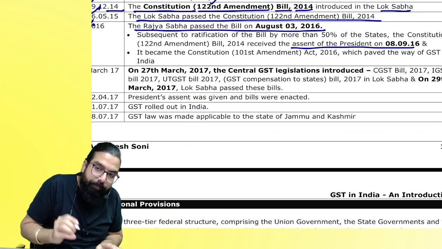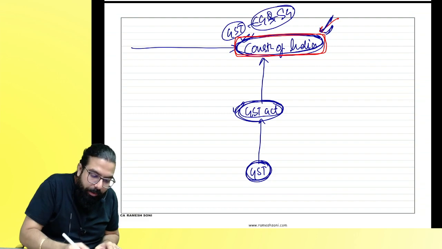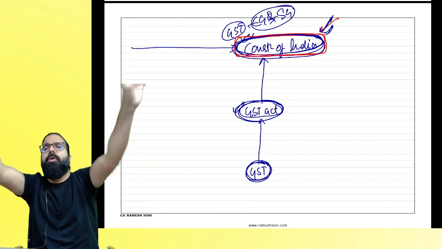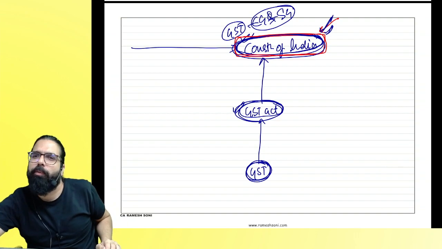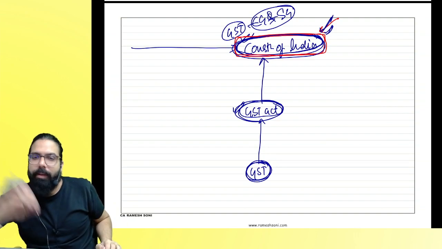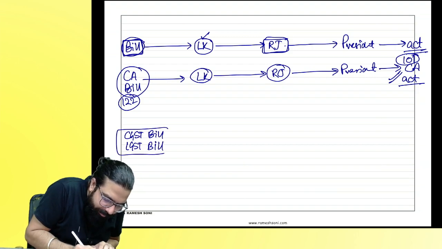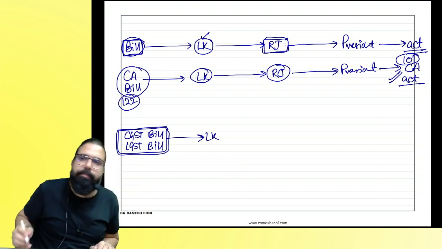Now what will happen? Constitution is amended, and it is telling, go, make the GST ka law. But to make the GST ka law also, you have to make the CGST bill. Yes or no? So you made the CGST bill, IGST bill. It went where? Lok Sabha. Can you tell me who makes all these bills?